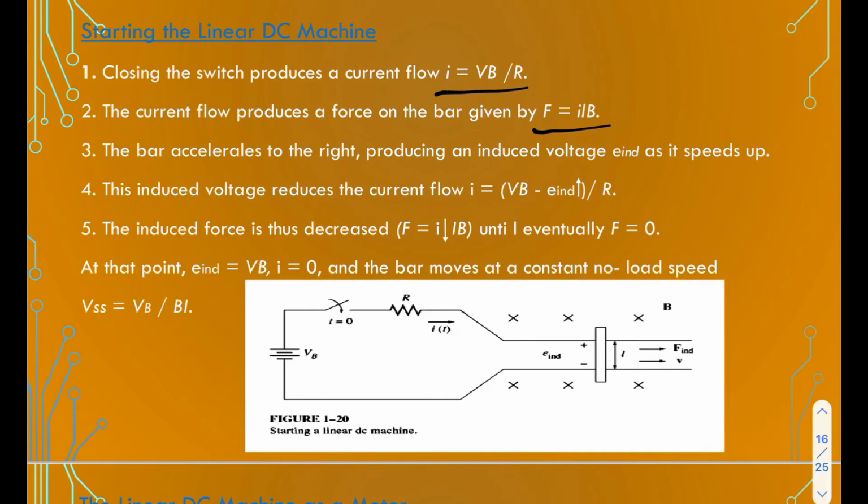The induced voltage reduces the current flow, i equal VB minus e induced over R. The induced force is thus decreased, F equal i decreasing times l B, until eventually F equal 0. At that point, e induced equal VB, i equal 0, and the bar moves at a constant no load speed, v steady state, this is the steady state speed, VB over B l.